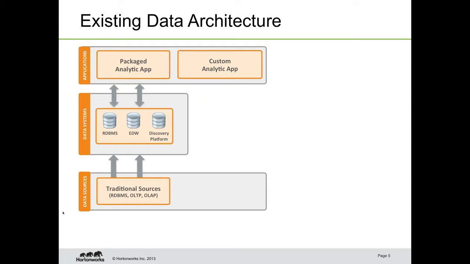Almost every organization today has this kind of existing data architecture in some form or fashion. And granted, it is a simplified view, but really it kind of represents how the data flows through the organization.